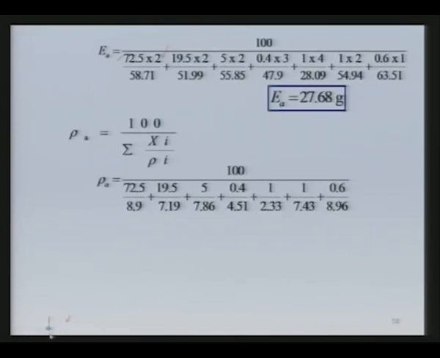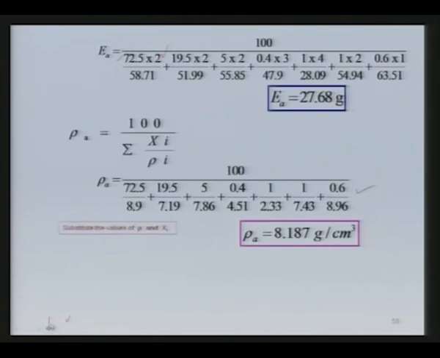You can substitute these values and by simplification you will get the density of the alloy as 8.187 gram per cubic centimeter. You need not take it to 4 or 5 decimal places. Normally, you should take it to only 2 decimal places, that is good enough.